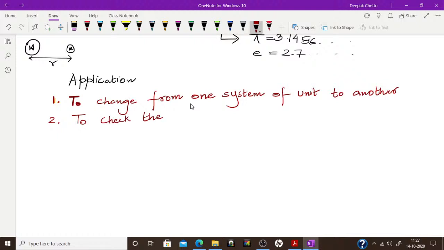to check the correctness of a physical equation.